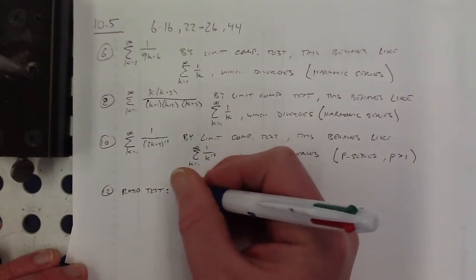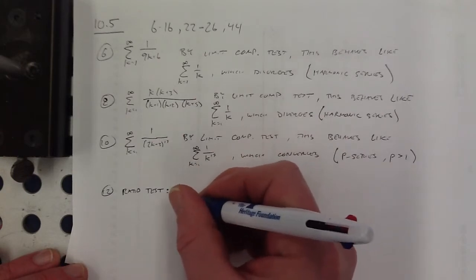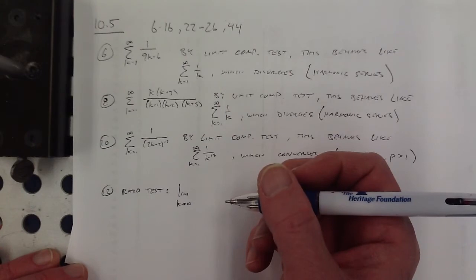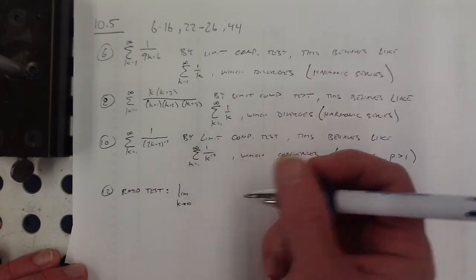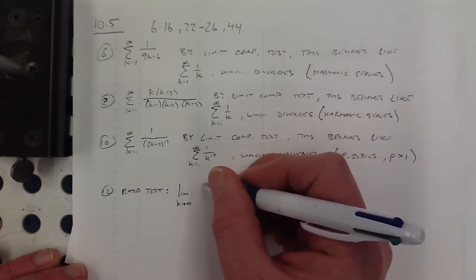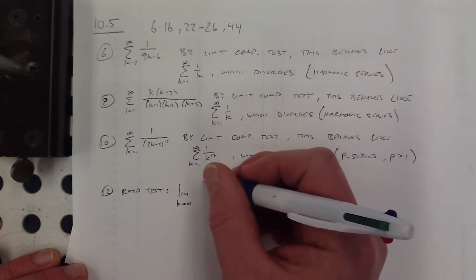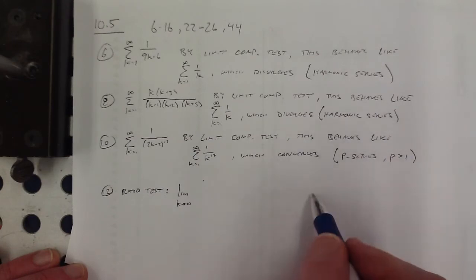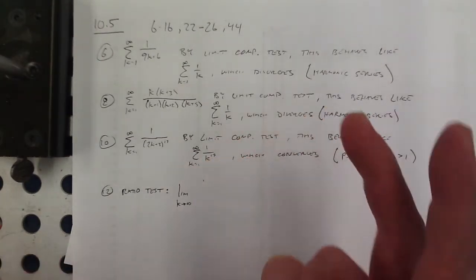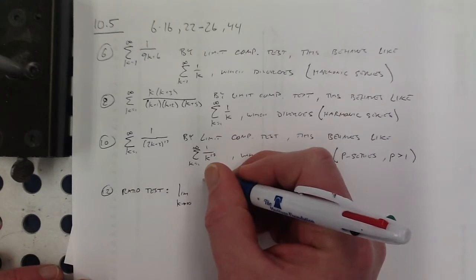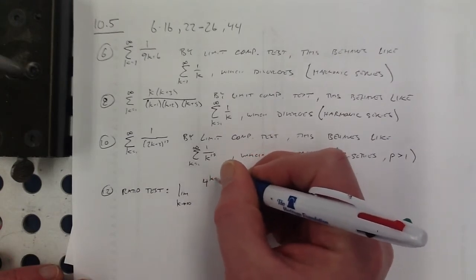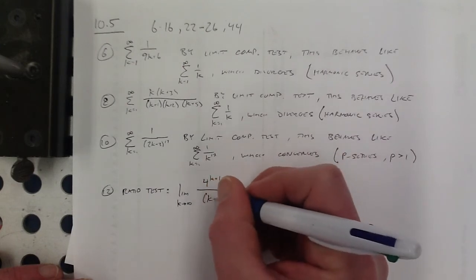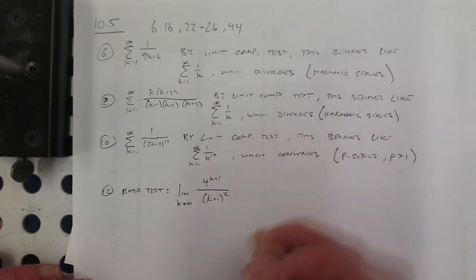You must write these limit statements. Limit as k approaches infinity. Which one am I doing here? 12. So remember the way we set this up, we do the k plus 1 term. It's like a geometric series thing, where we take a term and divide by the one before it. So the next term would be 4 to the k plus 1 over k plus 1 squared.